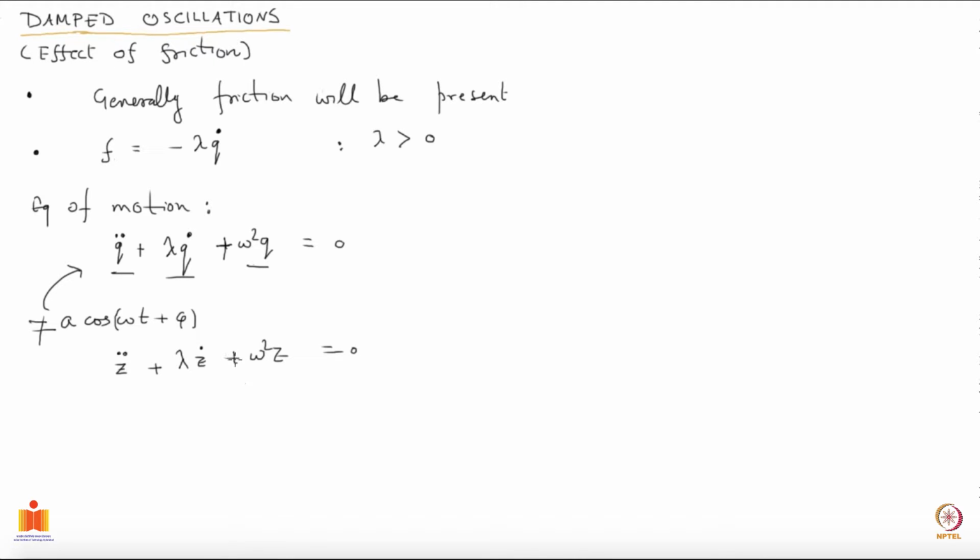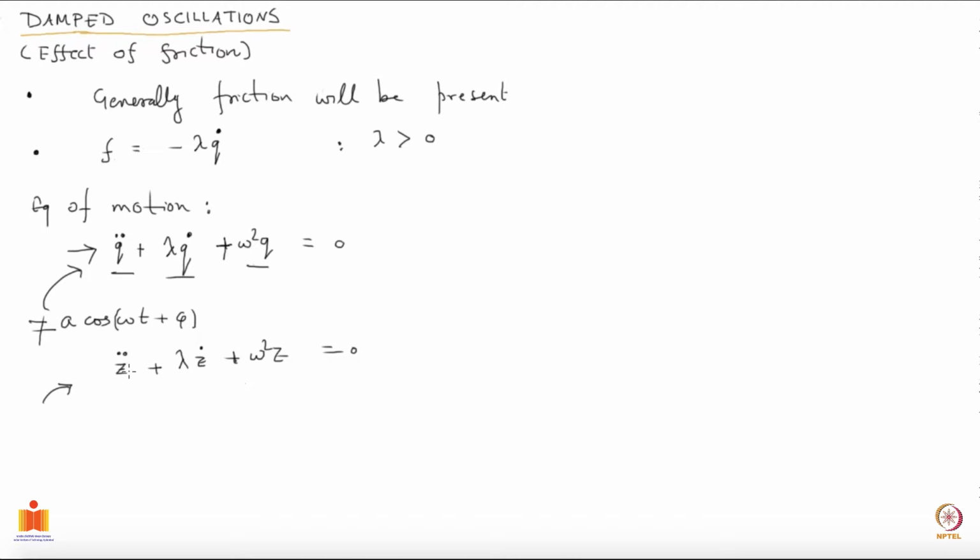Now if I take the real part of this complex equation, I get my original equation. So if I can find solutions of this, I just take the real part of the solution.